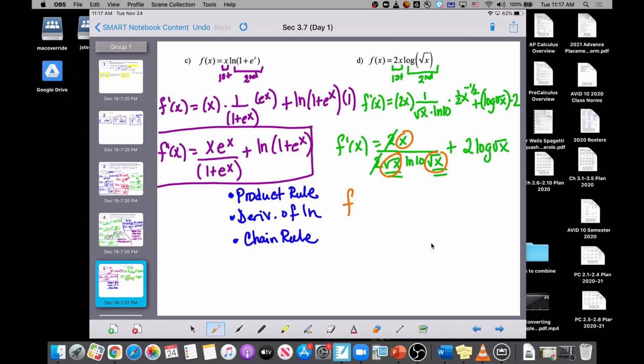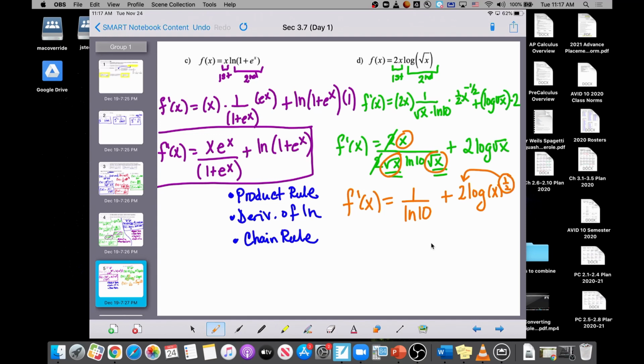So I end up with f prime of x is equal to 1 over ln 10 for my first term, plus, now over here, I'm going to do a little fancy algebra footwork. We've got 2 log, and I'm going to rewrite the square root of x as x to the 1/2 power. Well, you know that you can bring an exponent down in front of a log, right?